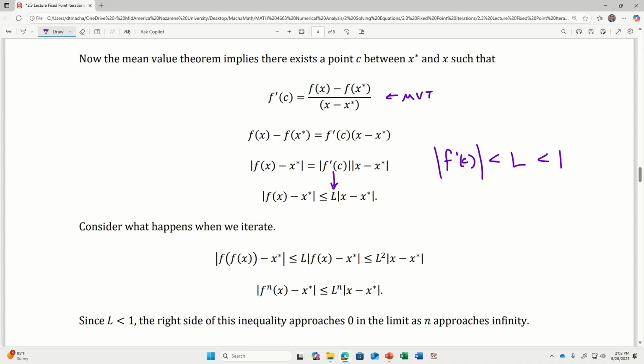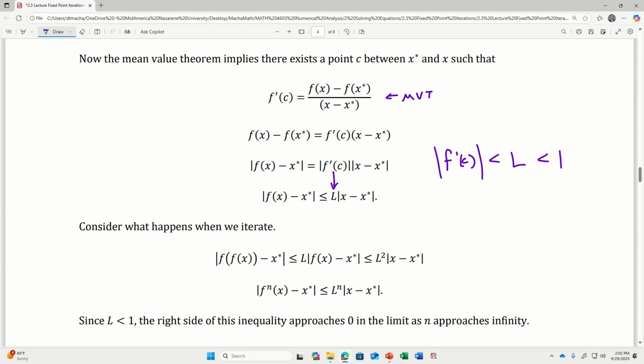That's what it means to be a fixed point. And then over here, we've got L times, well, previously it was x minus x star, but now it's going to be f of x minus x star on the second iteration. And that means using this here would get me L squared times the distance from x to x star.